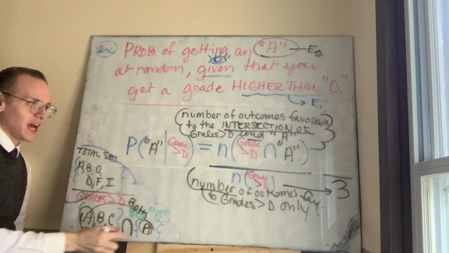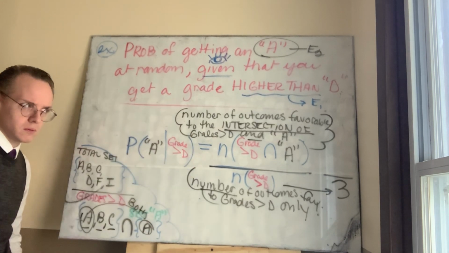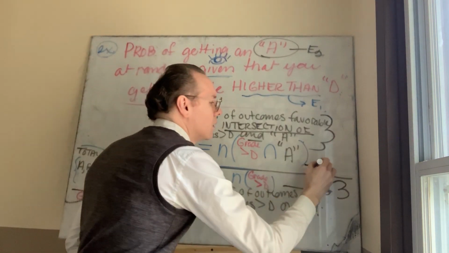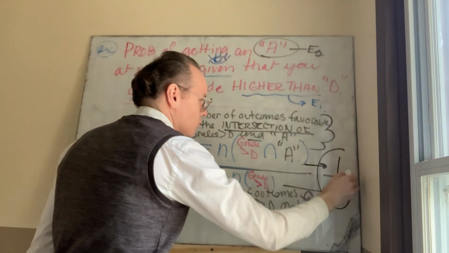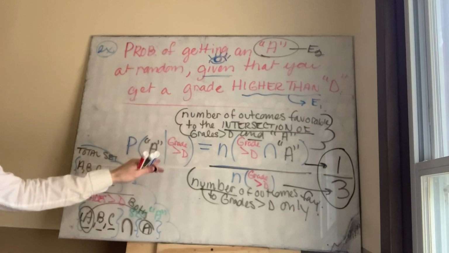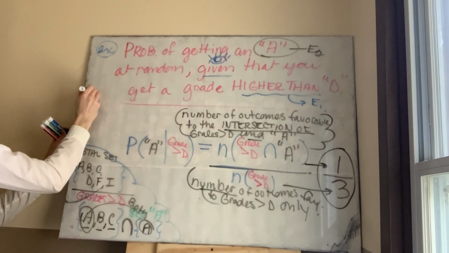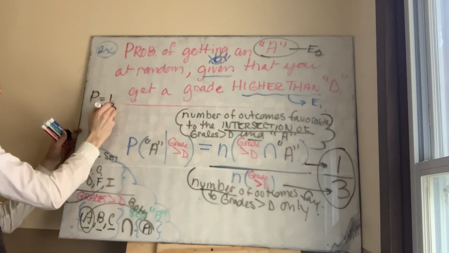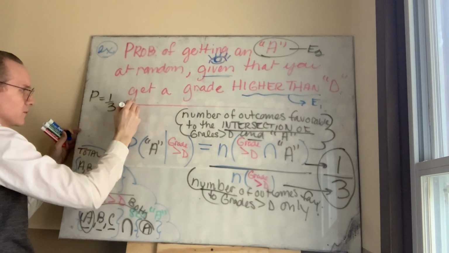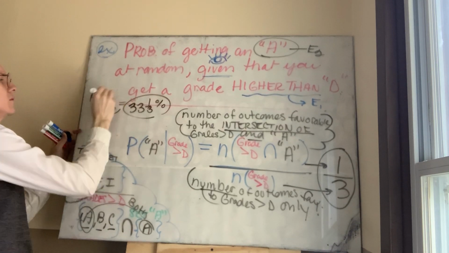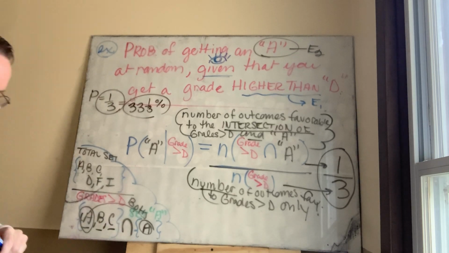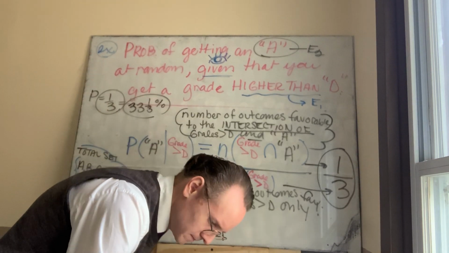How many is that? 1. That means that this is your probability. Probability is 1/3, which if you wrote it as a percent would be 33 1/3%, given those two conditions.